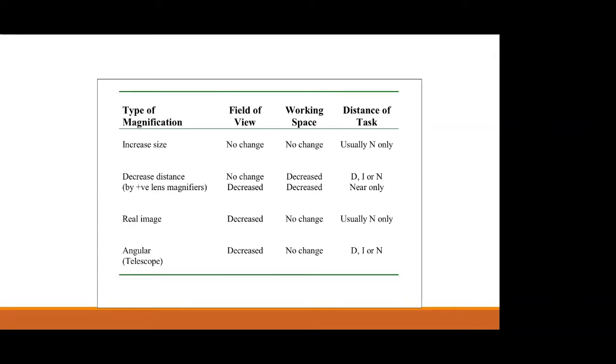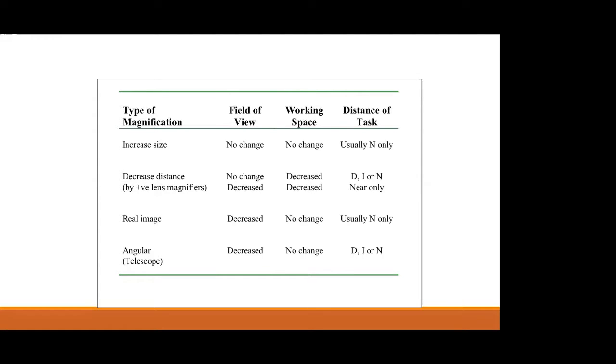So this table shows the different types of magnification and how they vary with regards to the field of view, the effect on working space, and the distance at which the type of magnifier is used. So by increasing the size, that doesn't really change the field of view, but it tends to be more used for near, such as getting a larger print book.